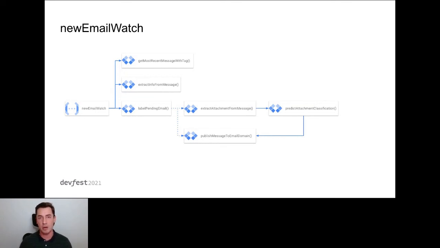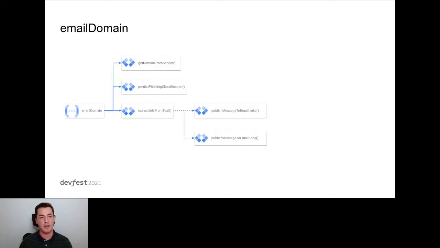Once we publish that message to the email domain, we get whatever we have. So, okay, the previous one had an attachment, we have 0.9 so far. Perfect. We get the domain from the sender, and then we predict phishing classification for that domain.